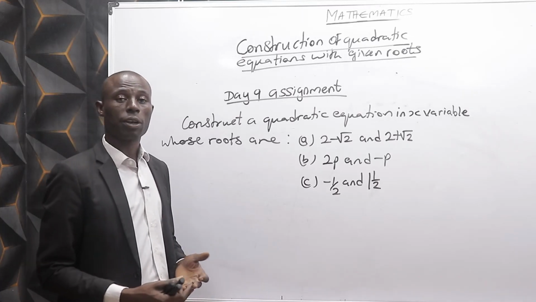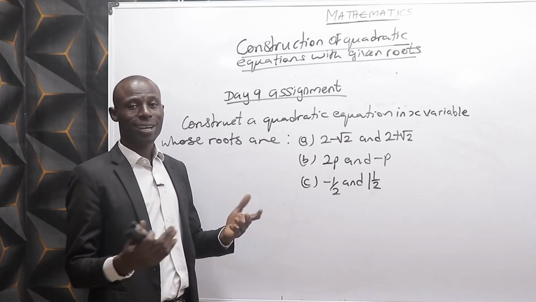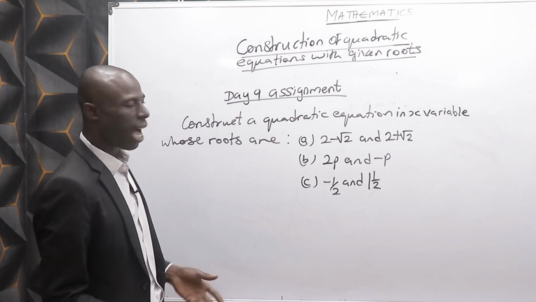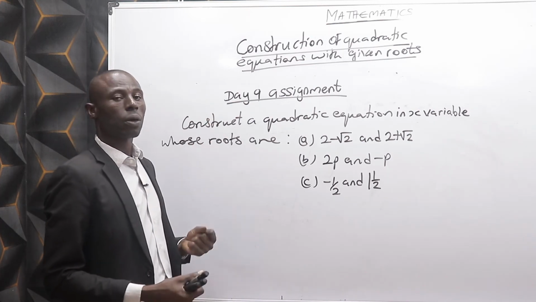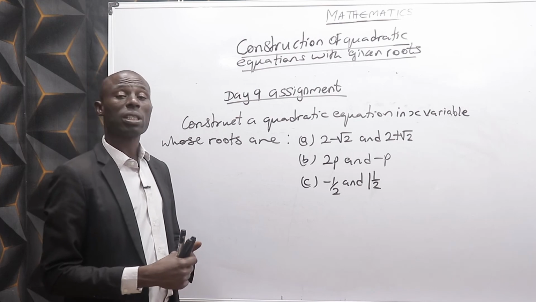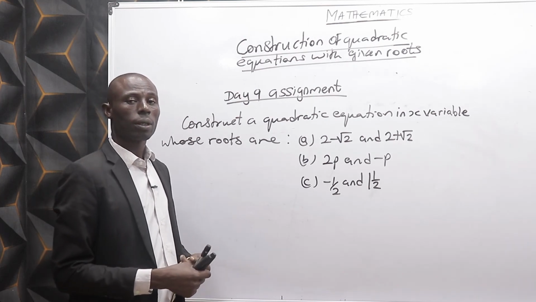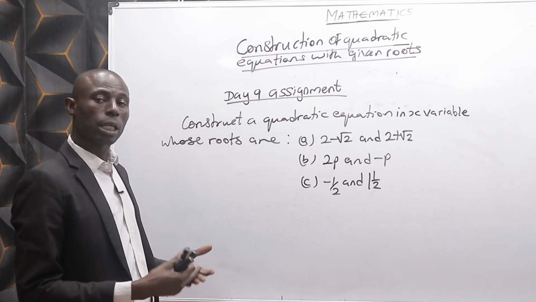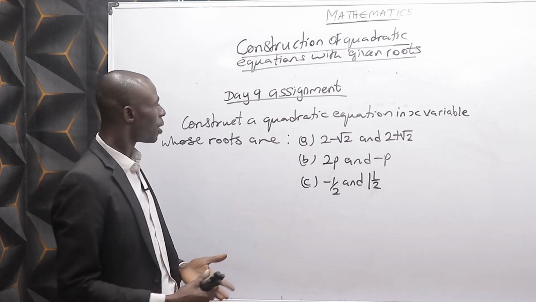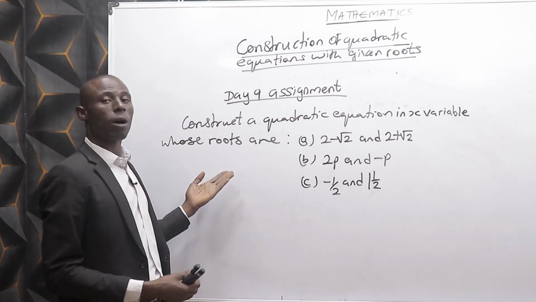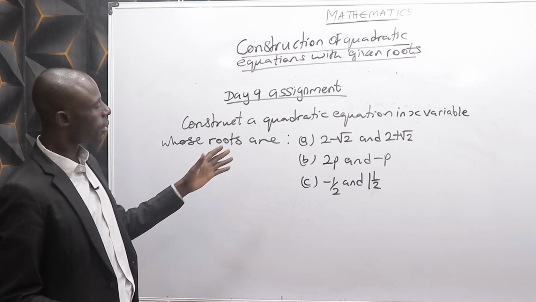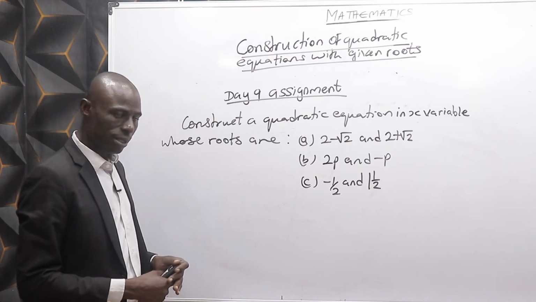As you know, I cannot leave you without assignments. Having gone through construction of quadratic equations with given roots, I want to test if you actually understand. So I will want you to solve these questions for me. These serve as your assignments.